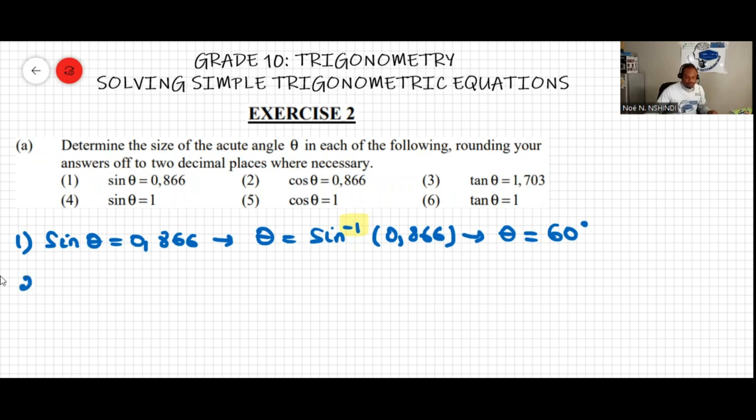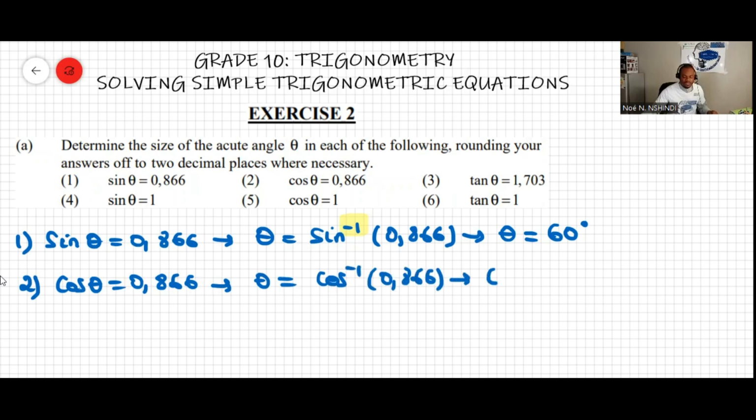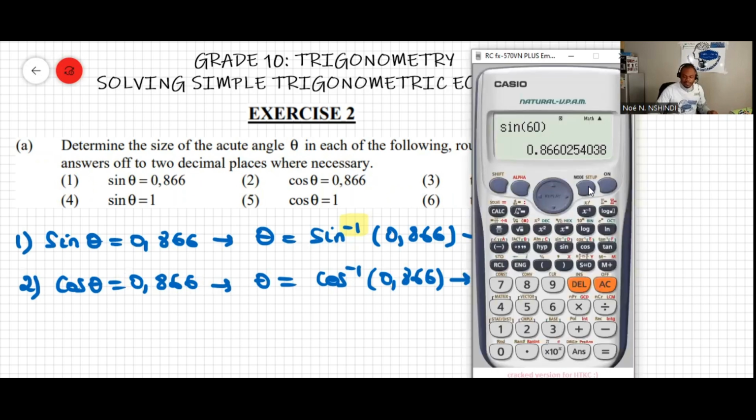We can also do question 2, which says cos of theta equal to 0.866. So we can find theta. This will be cos -1 of 0.866. To get cos -1, we press shift, and then the cos button, then type 0.866, close bracket, and hit equal.